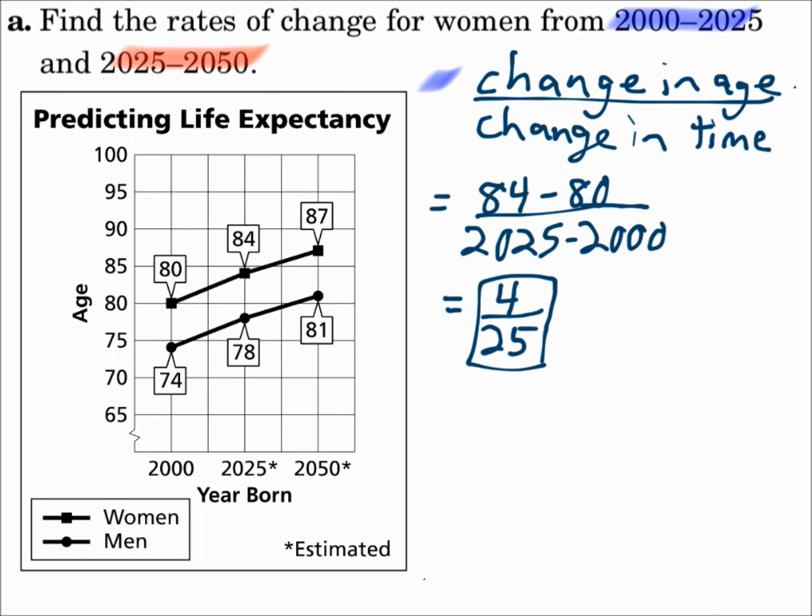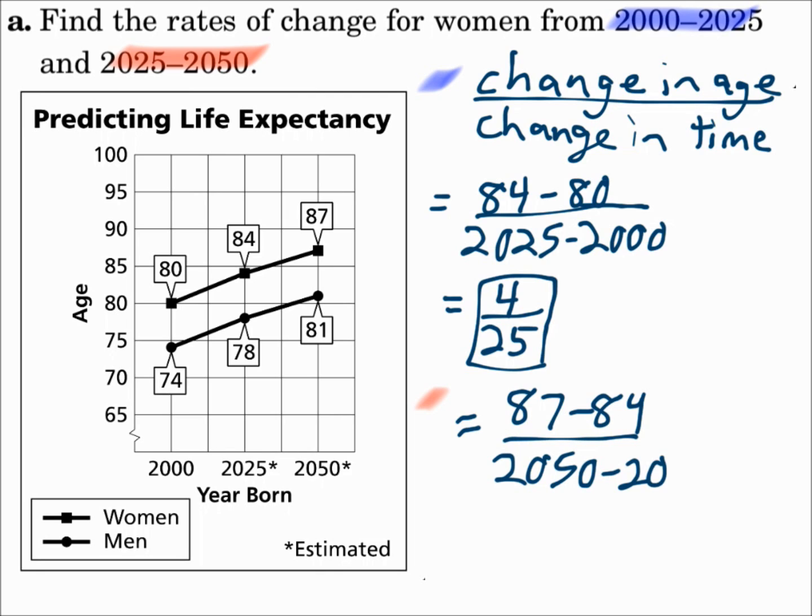For the next range, that'll be 87 minus 84, because you're doing the age at 2050 minus the age at 2025. And that's over 2050 minus 2025, which is 3 over 25.